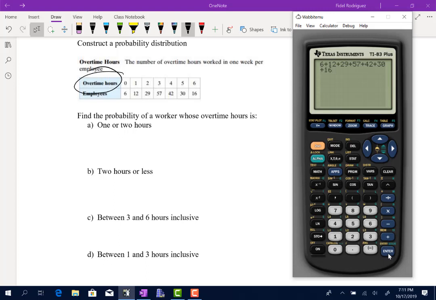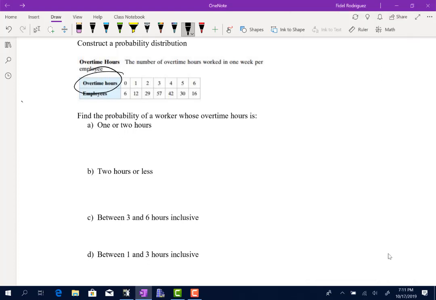So we have a total of how many employees? 192. Okay, so right here, guys, I'm going to write total, 192.